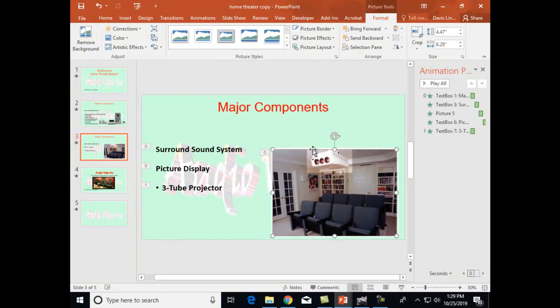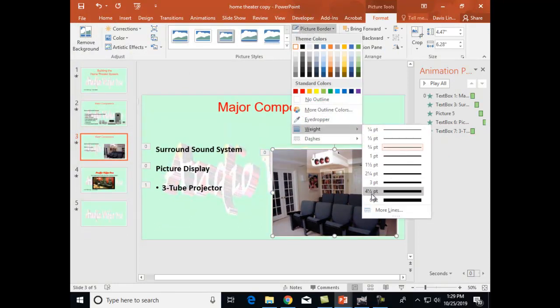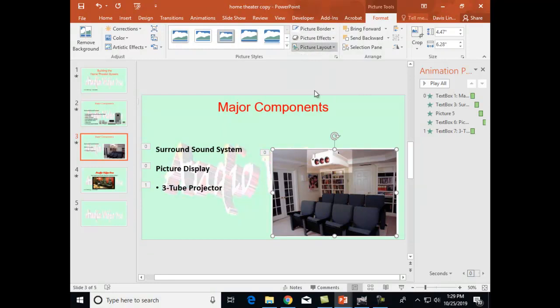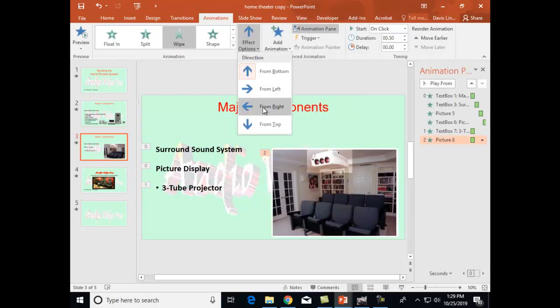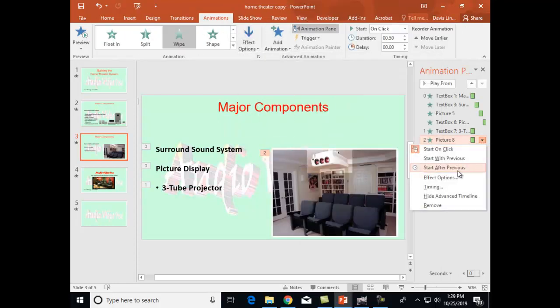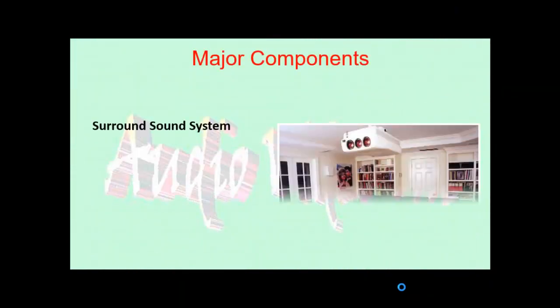Same shape and everything, so just put your picture border around it. And then we want to animate this picture, so animations, we'll add animation, wipe from top, after previous, like we always do with our pictures. And so you can see, let's just double check when we launch to kind of show what's happening so far.